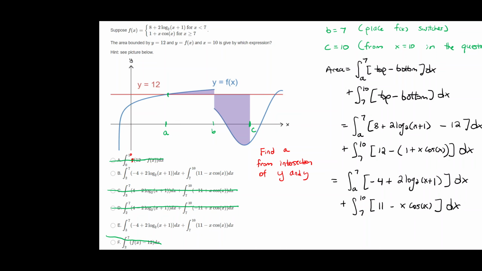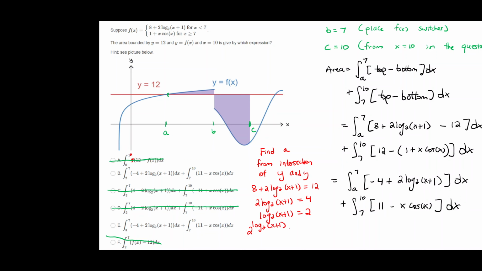So I'm going to set 8 plus 2 log base 2 of x plus 1 equal to 12. I'm going to set the y value of one curve equal to the y value of the other curve and solve for x. Subtract 8 from both sides, so 2 log base 2 of x plus 1 is equal to 4. Then divide both sides by 2, so log base 2 of x plus 1 is equal to 2. Then exponentiate, raise both sides as powers on a base of 2.